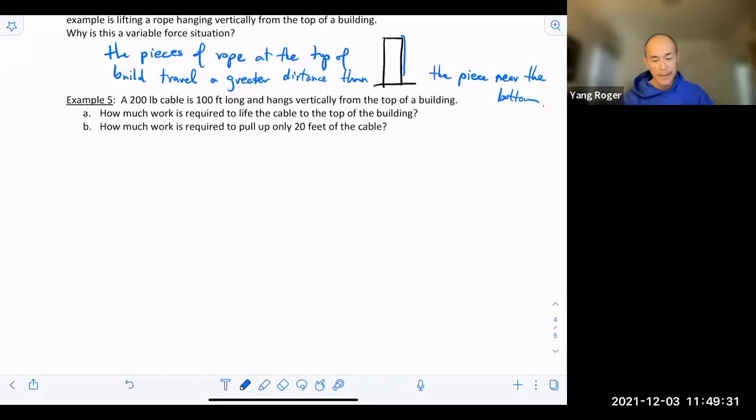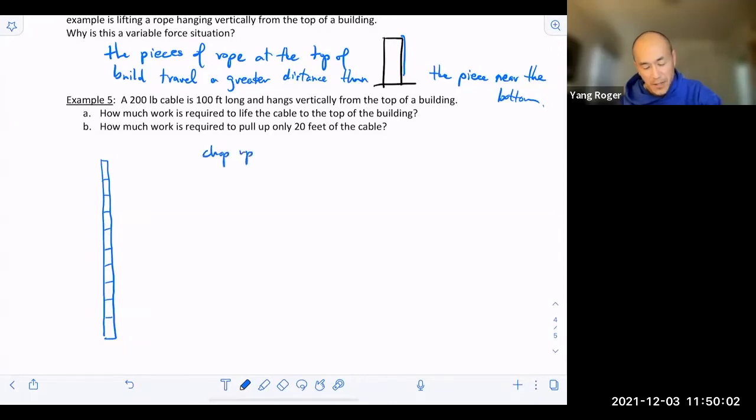So here's what's going to happen. I am going to imagine that my rope is here like this. Okay. I am going to chop this rope up into n pieces.